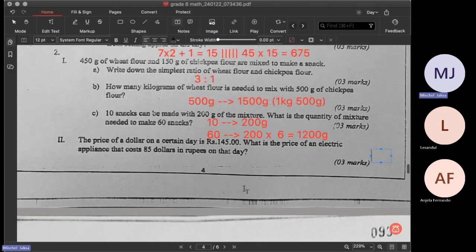Last question. The price of $1 on a certain day is 145 rupees. What is the price of an electric appliance that costs $85 in rupees on that day? So we have to multiply 85 with 145.